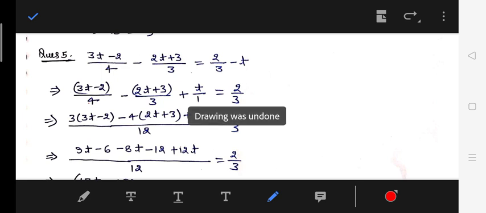Now 4 3s are 12, then 3 into (3t minus 2), and here it is minus, so it will be minus here. Now 3 4s are 12 and 4 into (2t plus 3), and 1 12 plus 12, 12 into t, 12t, equals 2 by 3.